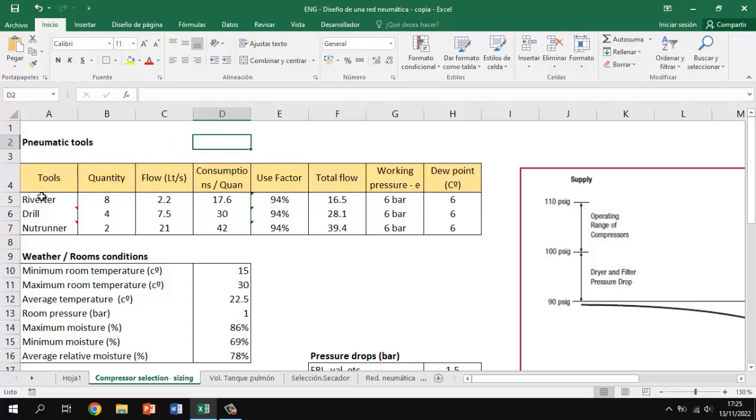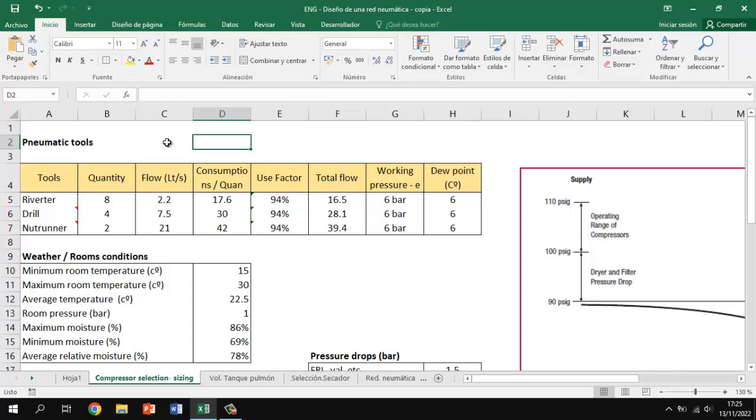I put these 3, could be more, could be others. That depends on you. But this is going to help us go from the selection until the energy consumption topic.